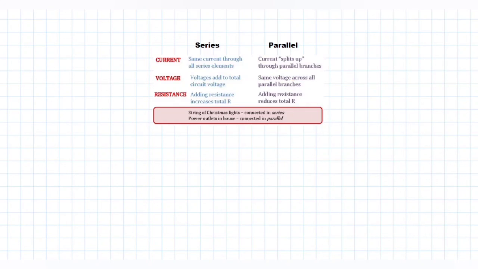In series, adding resistance increases the total effective resistance, that is capital R. In parallel, adding resistance reduces total effective resistance. In series combination, we have an example of a string of Christmas lights, and power outlets in houses are connected in parallel combination.